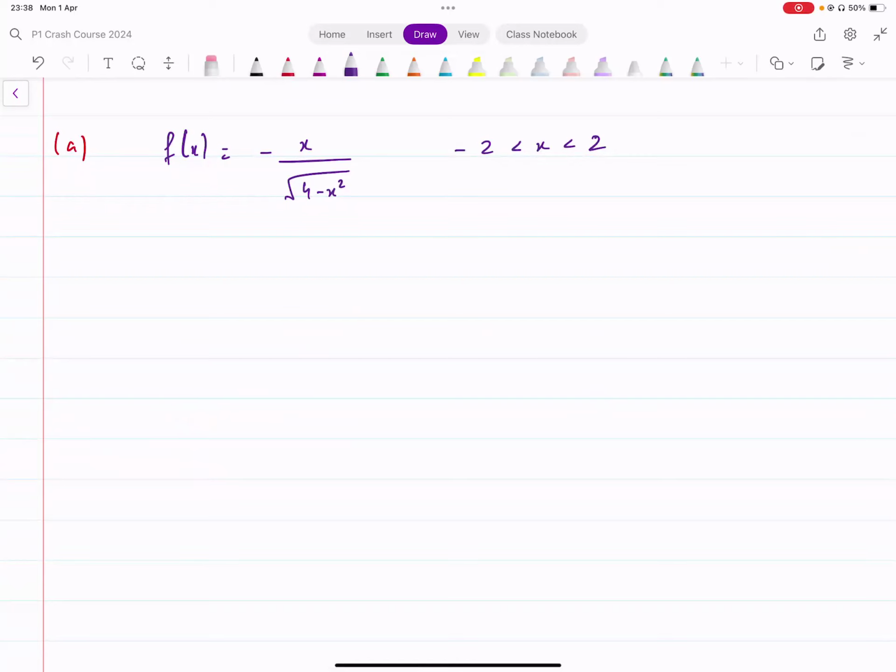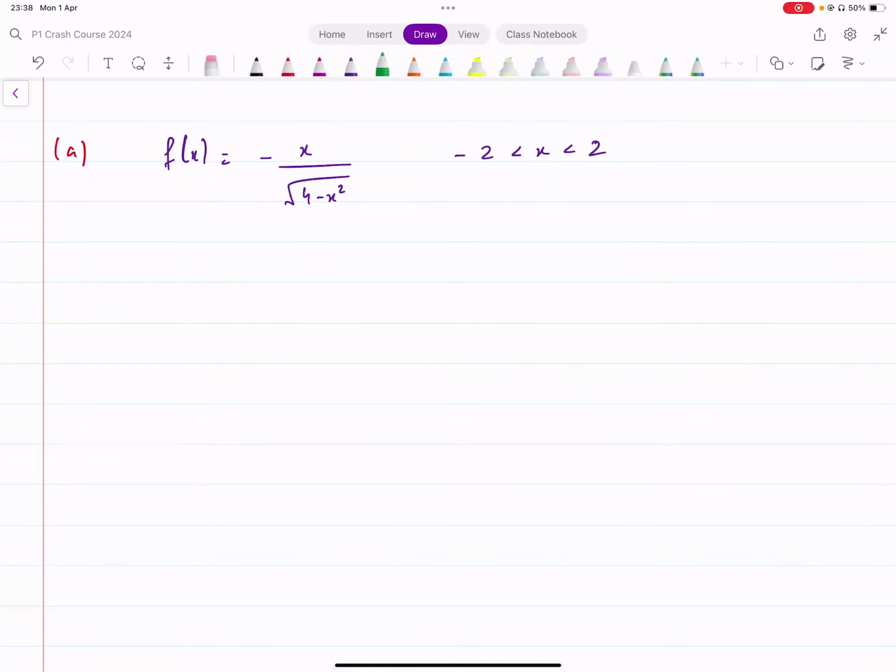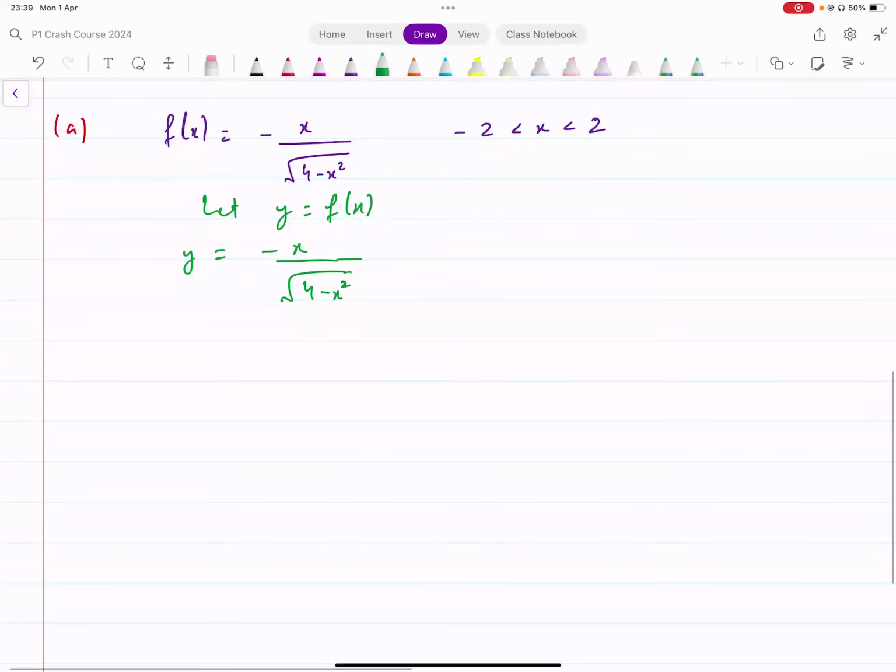Now, how do you start finding the inverse? You replace f of x with y. You say, let y equals f of x. That leaves you with y equals minus x over square root of 4 minus x squared. Now make x the subject.